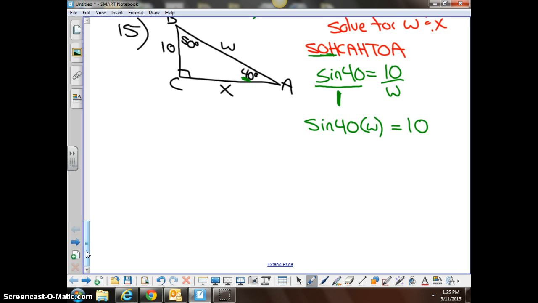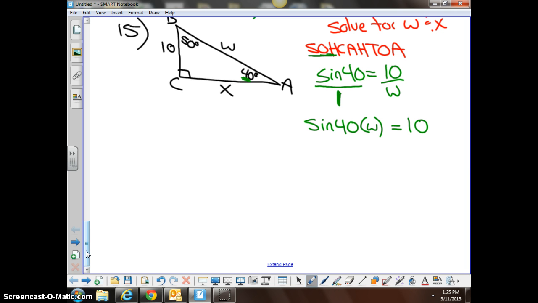And how are we going to get the variable all by itself? This is where your training kicks in. Sine of 40 is a number. It's 0.643 approximately. So how are we going to get W all by itself? Divide by 0.643? We're not dividing by 0.643 because 0.643 is not the sine of 40. It's approximately the sine of 40.